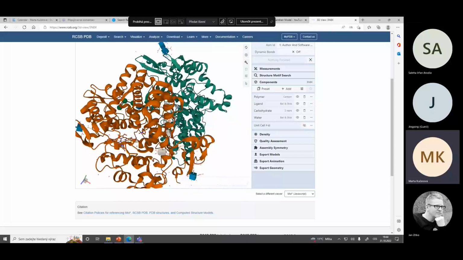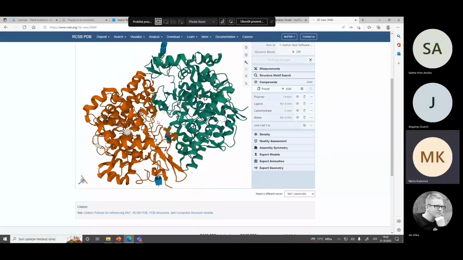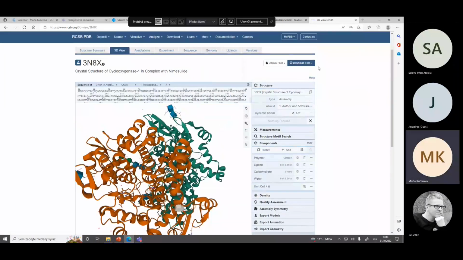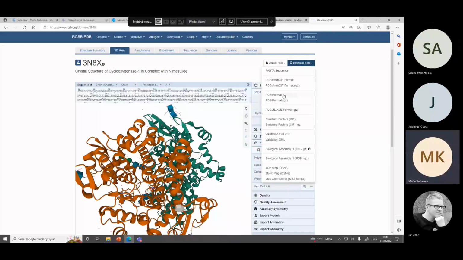For example, here is the heme involved in the structure, and we would be able also to find here the sulfonamide. And you can change the rendering mode, like the type of the model in the structure and others. And you should be able to download the whole complex in PDB format, which we will do in the seminar.